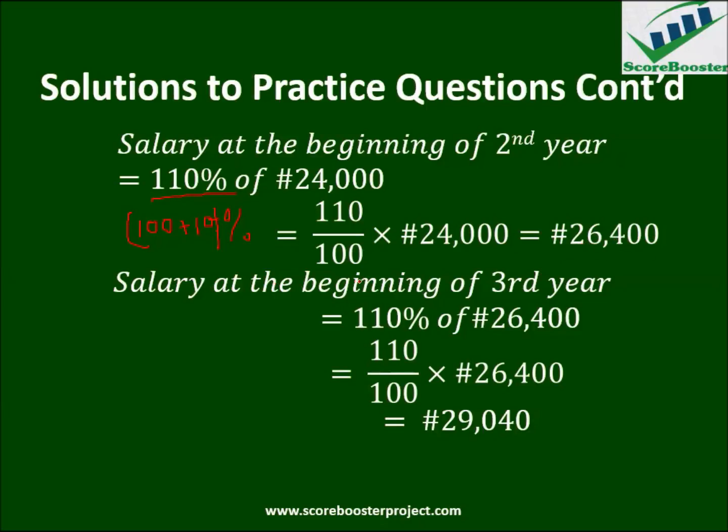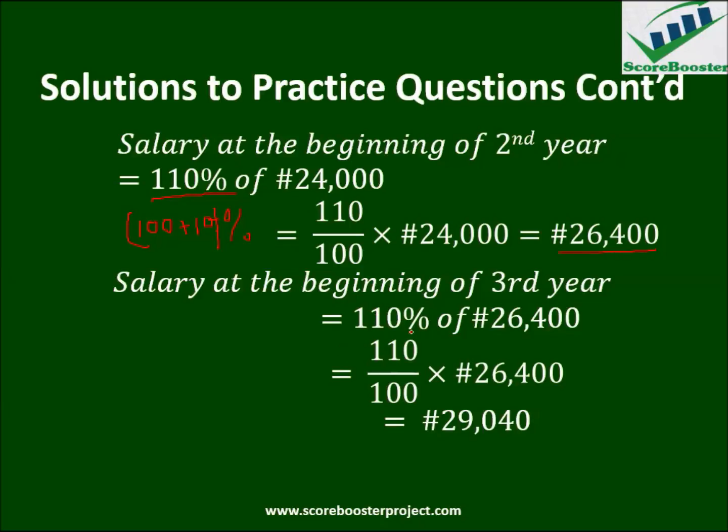So at the beginning of the third year now, the salary will also increase by 10%. So the new salary at the beginning of the third year will be 110% of the salary at the beginning of the second year, which is 26,400.